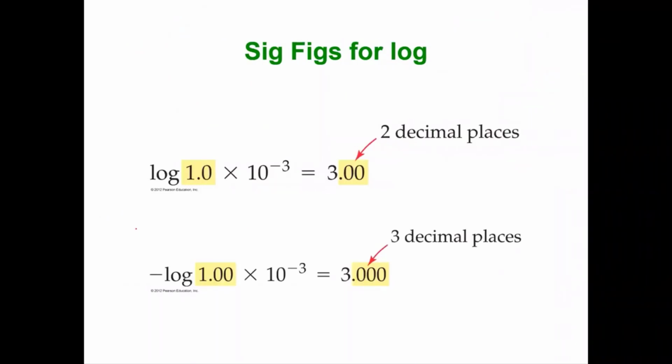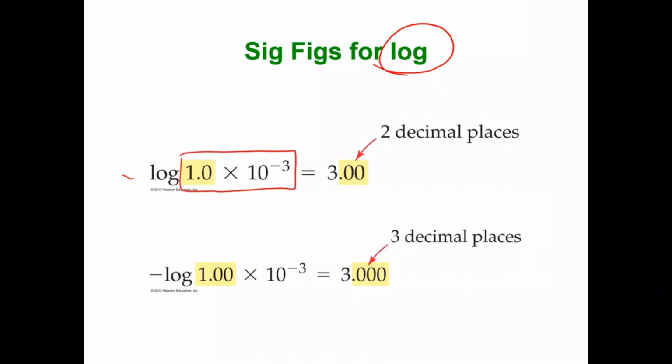So what are the sig fig rules for pH? This is missing a negative. Whenever we use log functions, whatever number you're using for your concentration is how you're determining your sig figs. So if there are 2 sig figs in your concentration, once you calculate your pH, you use the sig figs after the decimal.